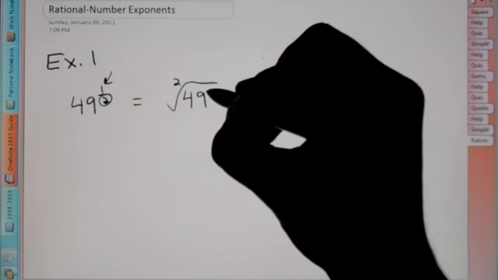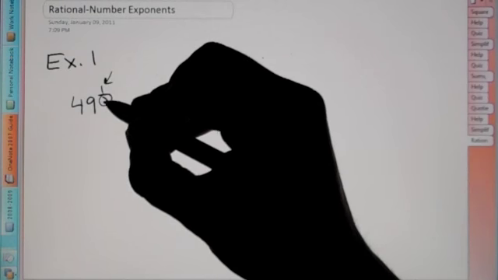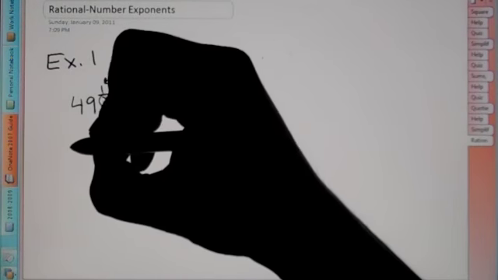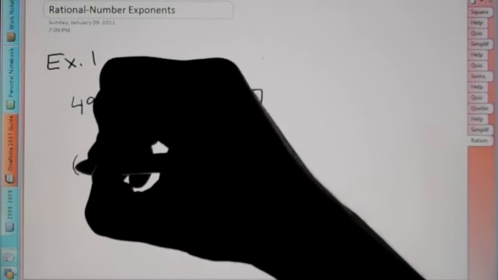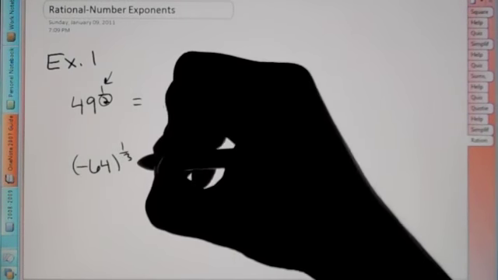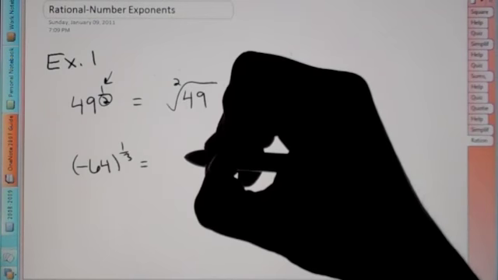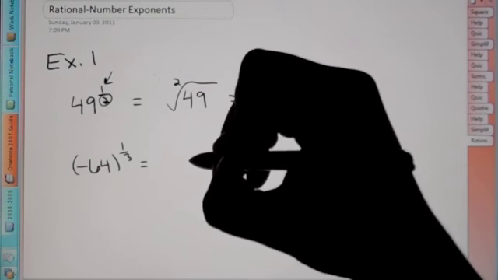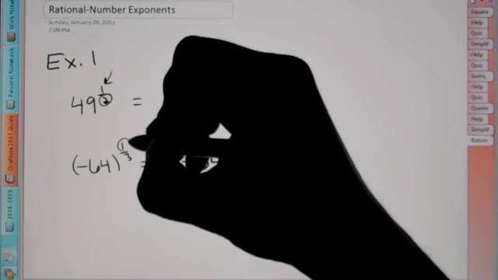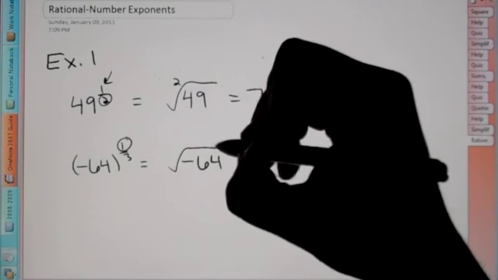Again, the numerator is your exponent on the inside. The denominator is your index on the outside of the radical. So now, let's do negative 64 to the 1/3. Again, we have a negative 64 on the inside. The 1 is your exponent on the inside. Technically, we don't have to write a 1.